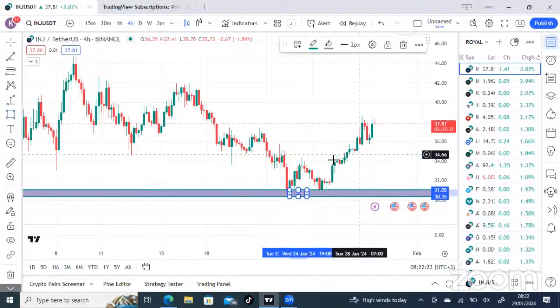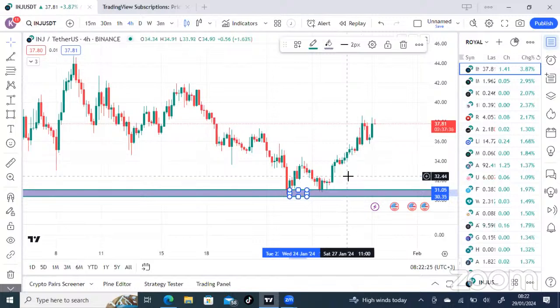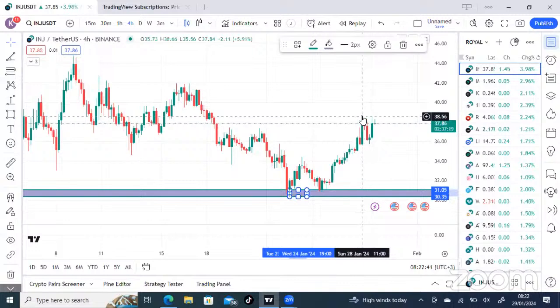Then we all can see that in this area, the highest point is this one. So this is the current price, but the highest point is this one. Give me a one in the chat if you can see. The current price is here, but the highest point is here.